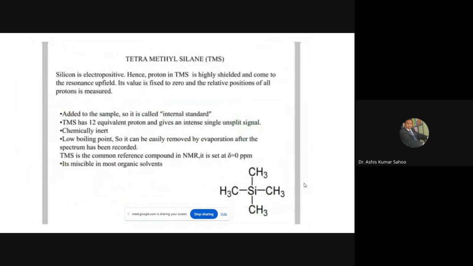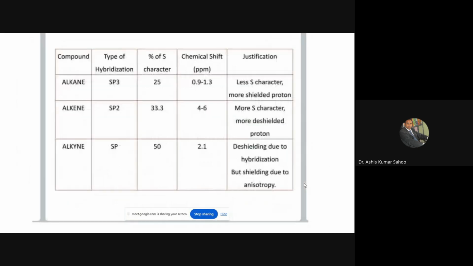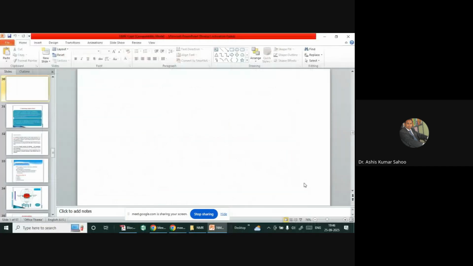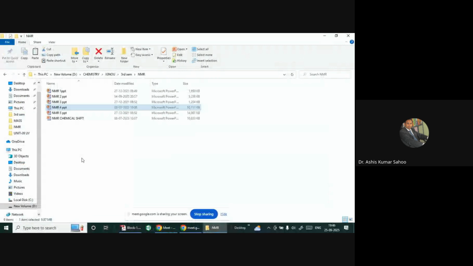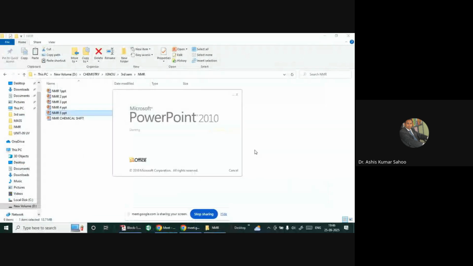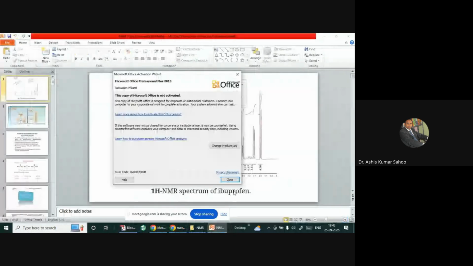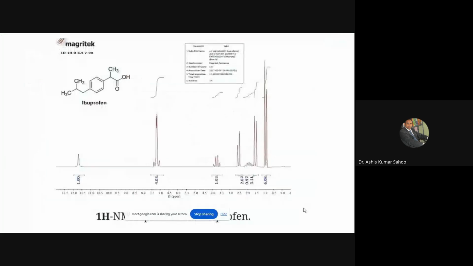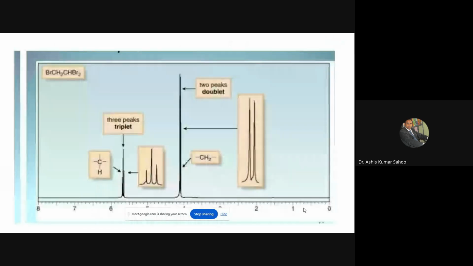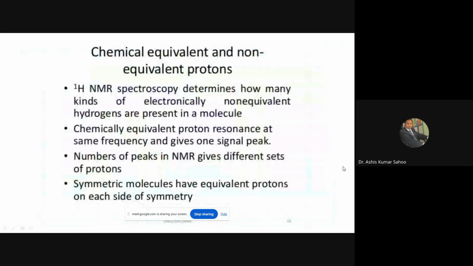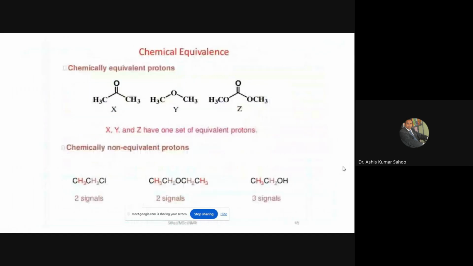These are the different factors. Now see some spectra here. This is the NMR spectrum. You can see here two doublets, a singlet and a triplet. Splitting in total we can see. Here we calculate the different chemical environments.